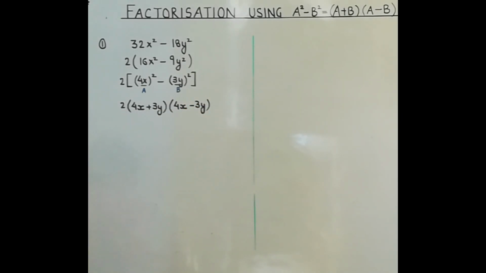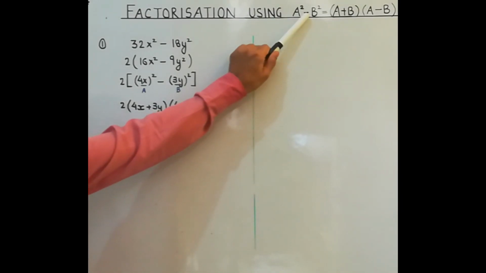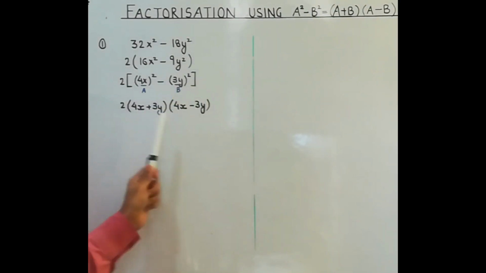So this is the method how you can find the factorization of two terms which can be converted into square form with a minus sign in between, and this is called factorization of difference of two squares. This minus sign in between is called difference and we have the two squares. Hope this part is clear to you. So let's move on to the next question.